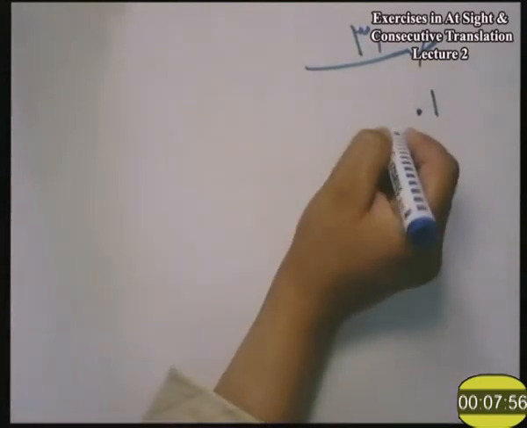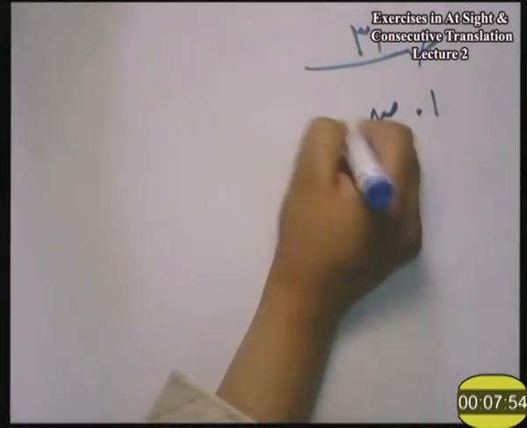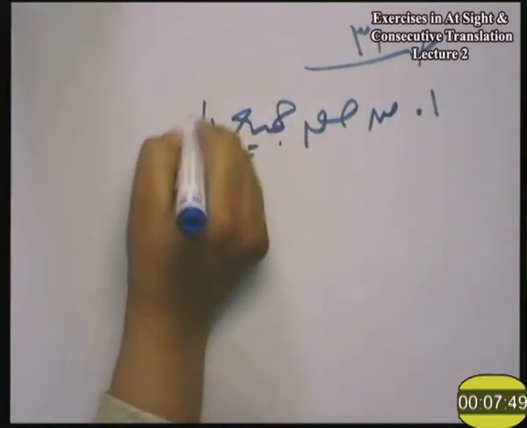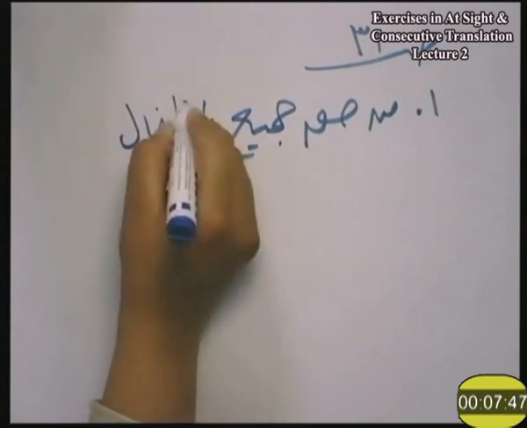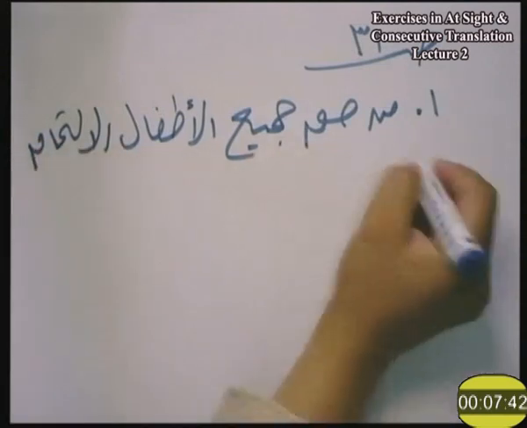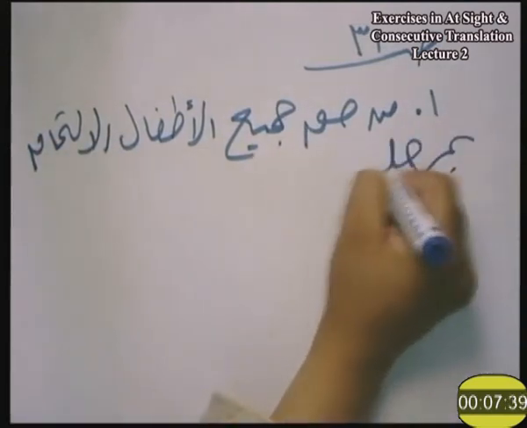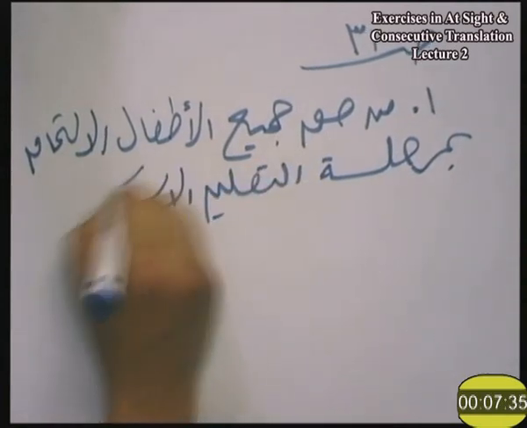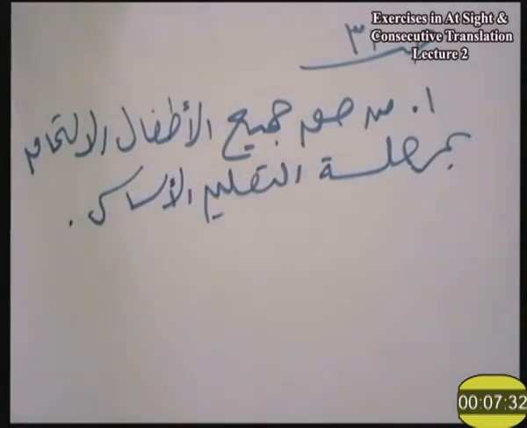Now let's see, the first translation is من حق جميع الأطفال الالتحاق بمرحلة التعليم الأساسي. Okay? By the way, these translations are by some of you who are able to attend the classes. Okay.